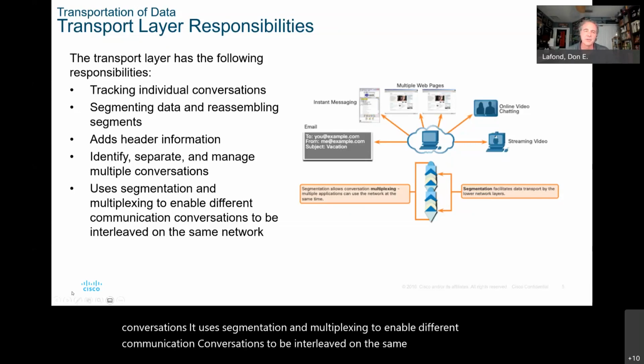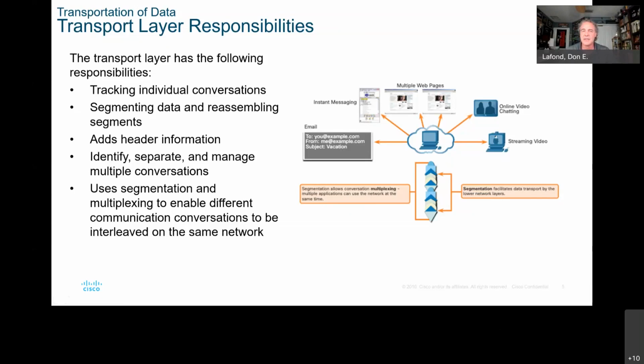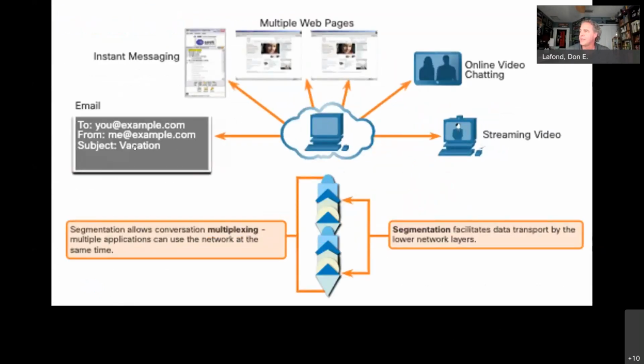So in this picture, you can see different types of media: email, instant messaging, web pages, online video, streaming video, all of those different multitasked operations, because when you're on the internet, you're using the computer, you're doing many things at one time, and all of those need to transmit data.